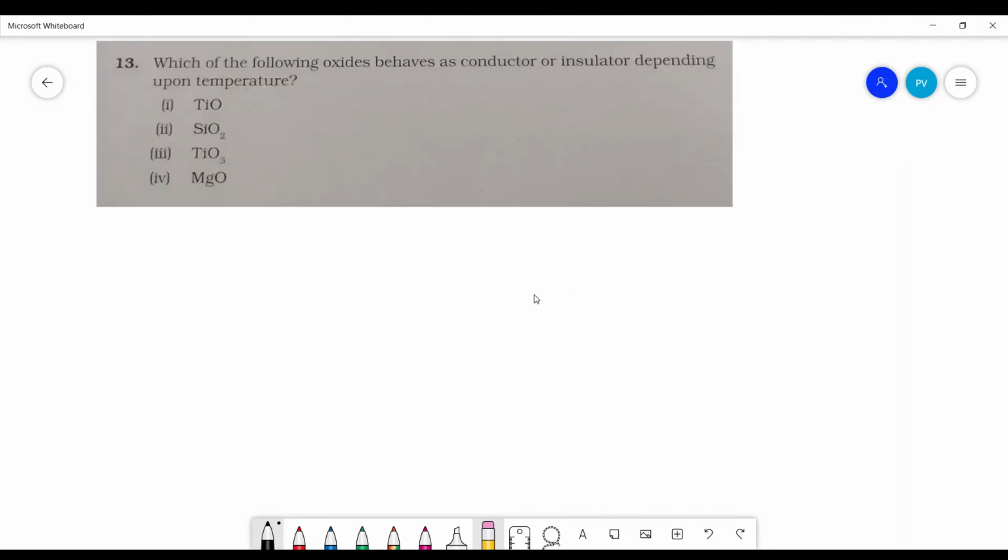Here the question is, which of the following oxides behaves as a conductor or insulator depending upon the temperature. So your parameter is temperature.